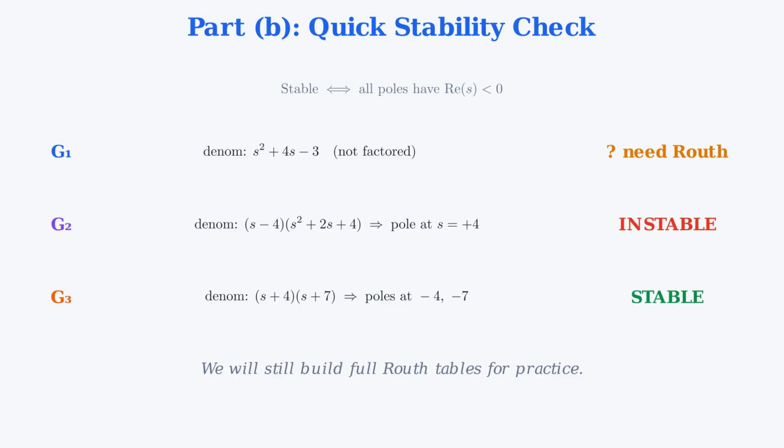For g3, the denominator is s plus 4 times s plus 7. The poles are at s equals negative 4 and s equals negative 7. Both have negative real parts, so g3 is stable. Even though we already know g2 and g3 by inspection, we will still build the full Routh table for all three to practice the method.